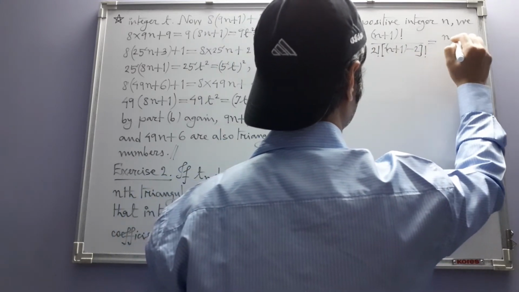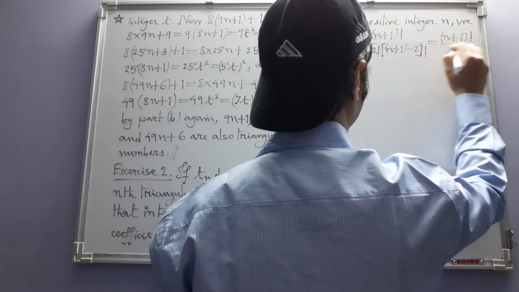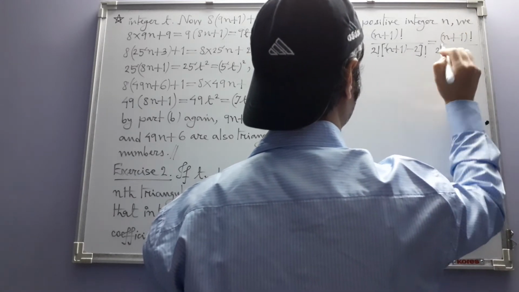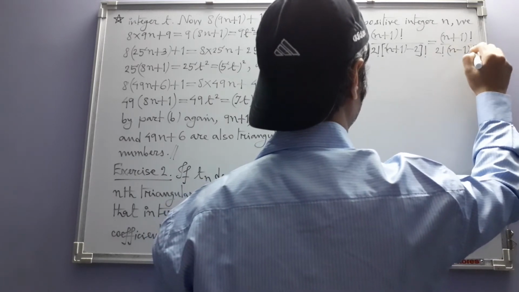So this becomes n plus 1 factorial divided by 2 factorial times n minus 1 factorial.